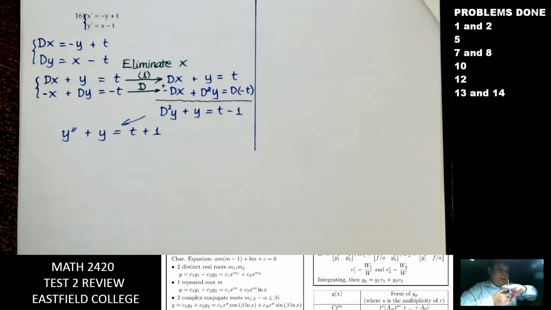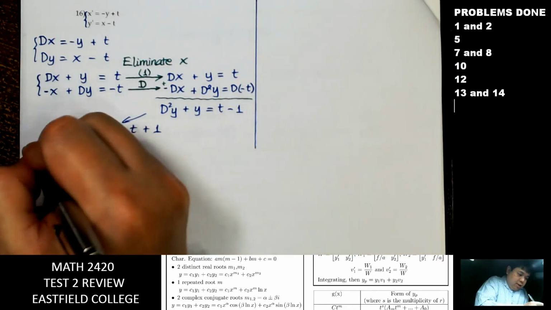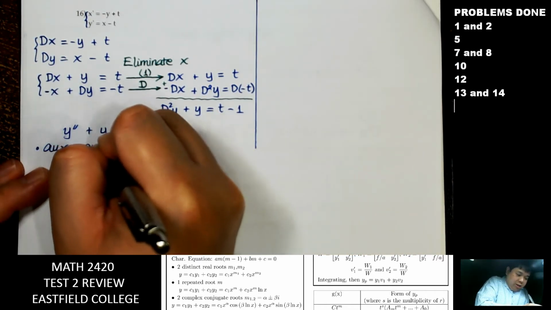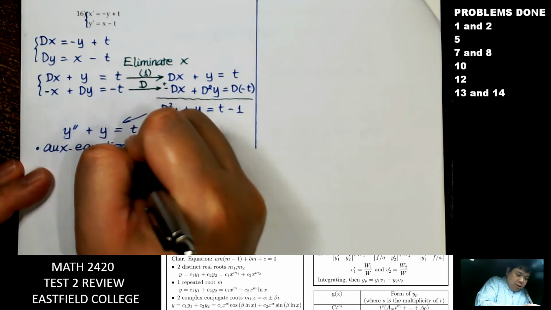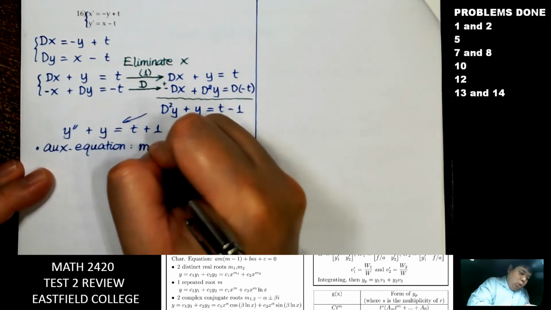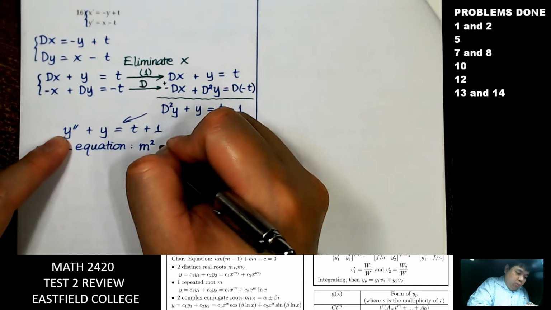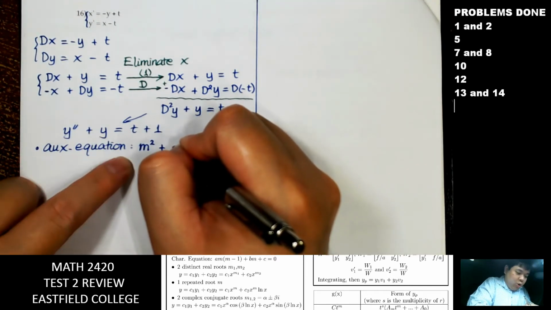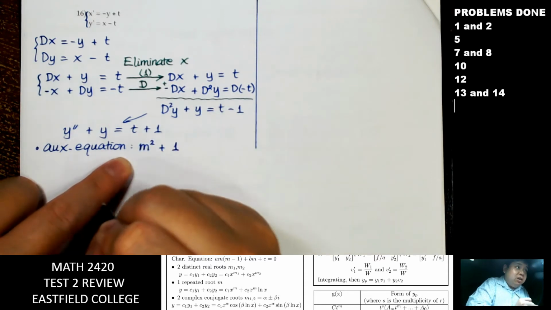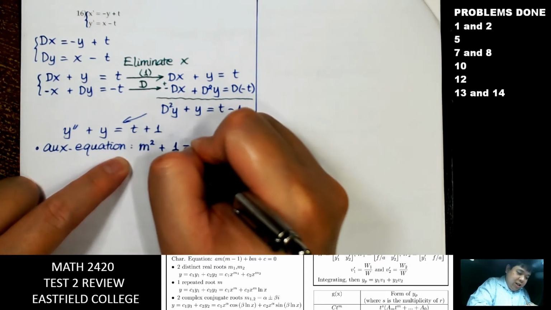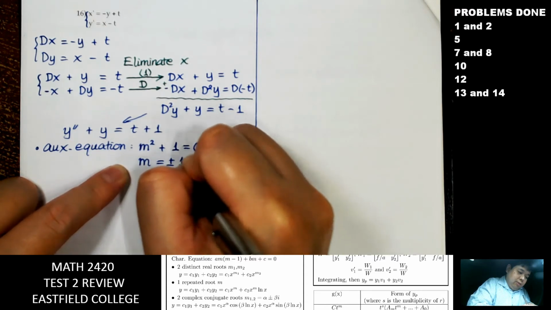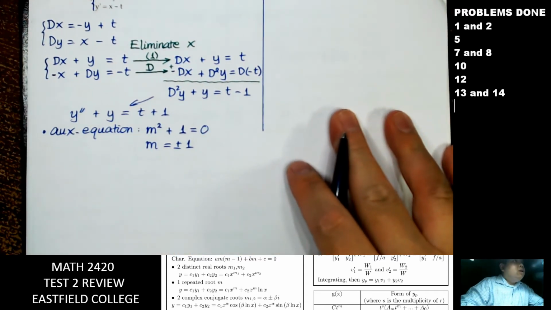Right. So auxiliary equation: m squared for y second derivative, and y has no derivative, no power, so just 1. Right.